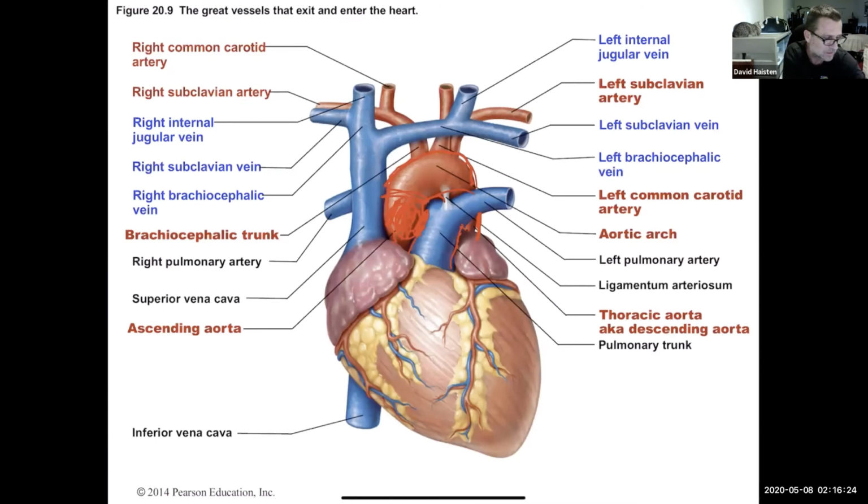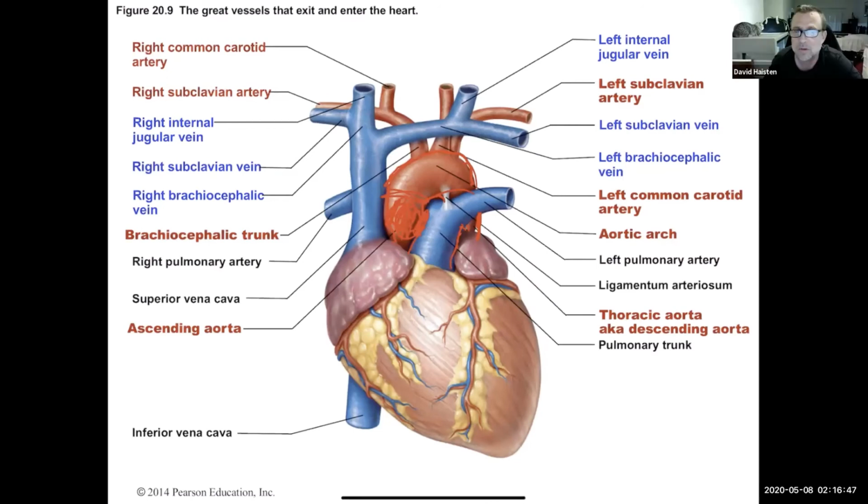Cool. So what's the next thing to come off of, well, we're going to go to the aortic arch. What's the first thing to branch off the aortic arch? The first artery to branch off the aortic arch. The brachiocephalic trunk.